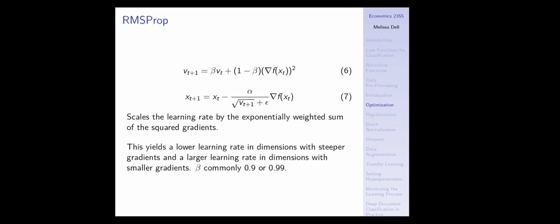And so again, this helps with oscillation and slow convergence to the local min in ravines, because you're dampening down your learning rate, so you're going to do less oscillating back and forth, and you're kind of speeding up along the slow direction that you're trying to use to get to the local min.